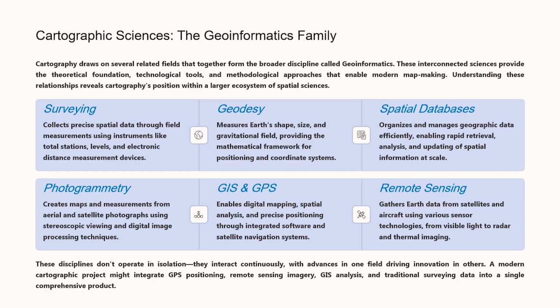So, based on the previous slide, I will be able to tell what the cartographic sciences are, what the disciplines are that help in the development of cartography. Surveying, basic surveying using total station, electronic distance measures, we survey and prepare maps. Geodesy, already I told you, is the study of the shape and size of the earth, with mathematical formulas, and without that it is very difficult for us to do things.